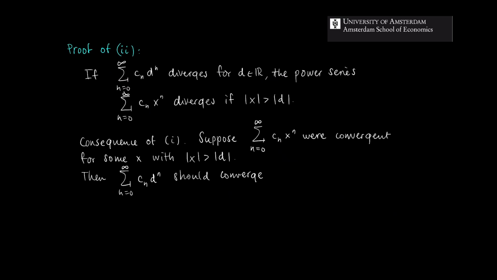Yeah, but clearly this is not what we assumed. We assumed that the series with d is diverging. So this gives the desired contradiction. And this completes the proof.